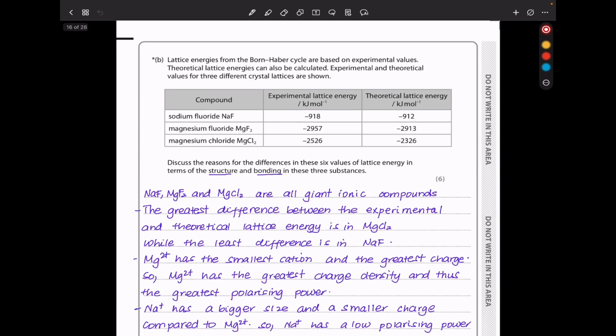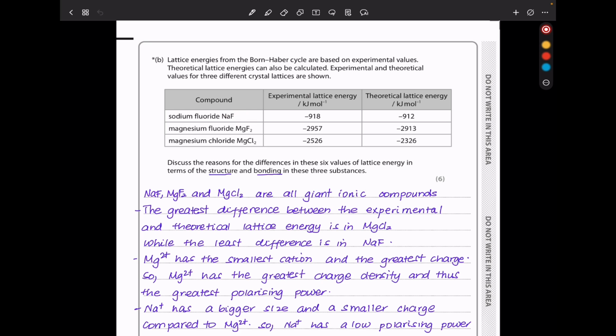Then in part B, they say lattice energies from the Born-Haber cycle are based on experimental values. Theoretical lattice energy can also be calculated. Experimental and theoretical values for three different crystal lattices are shown. So we have sodium fluoride, magnesium fluoride, and magnesium chloride. So here we can see this is almost identical because there is less polarization, and therefore the difference between the theoretical and the experimental is almost non-existent.